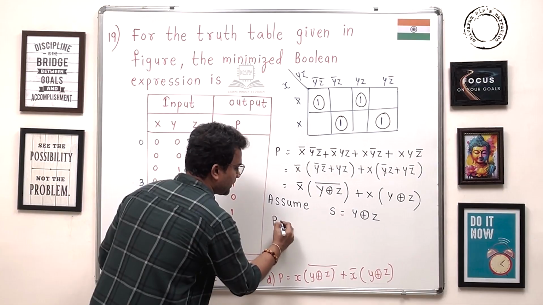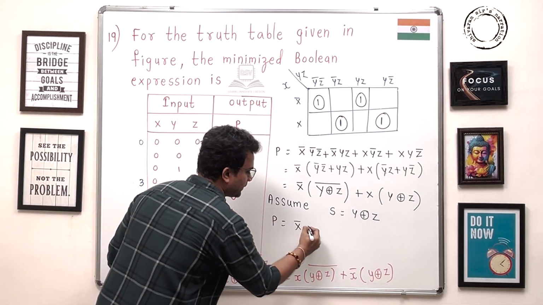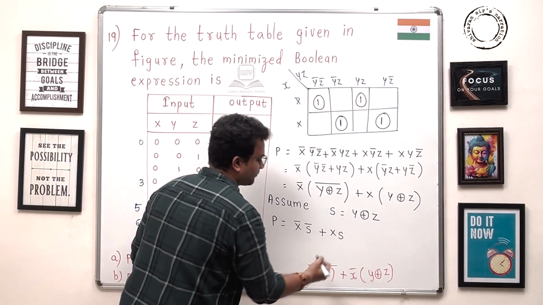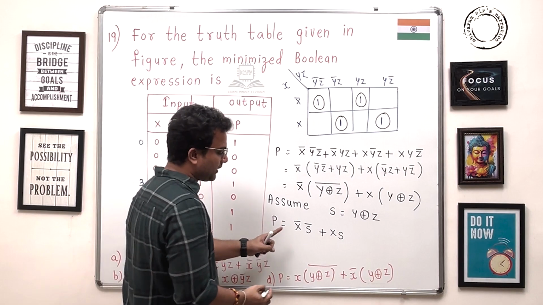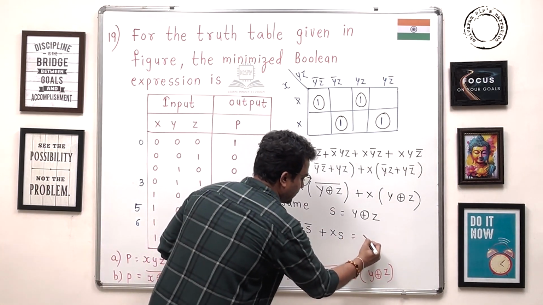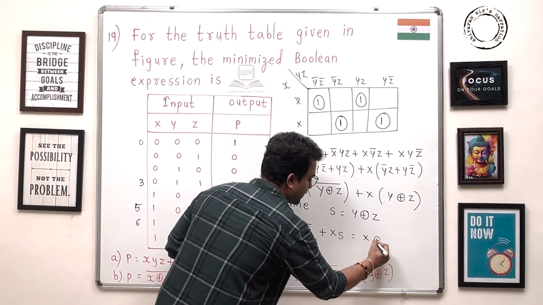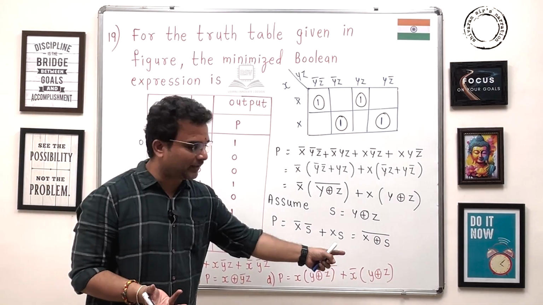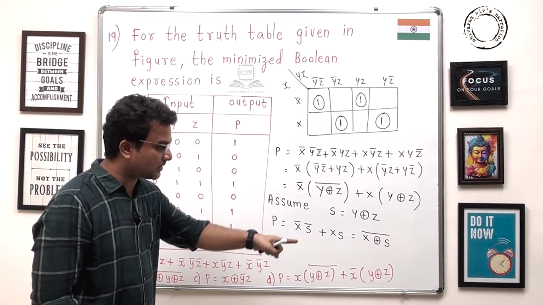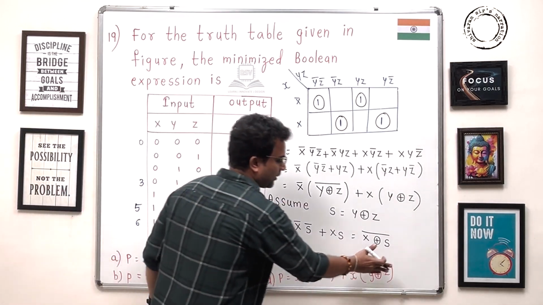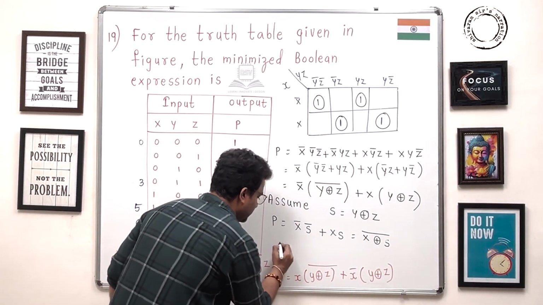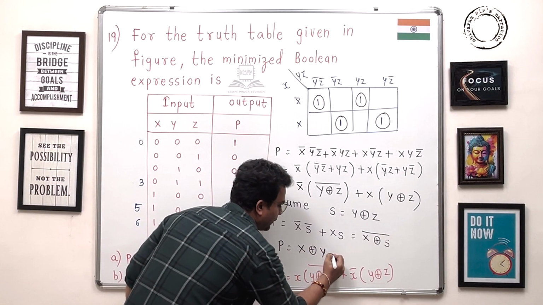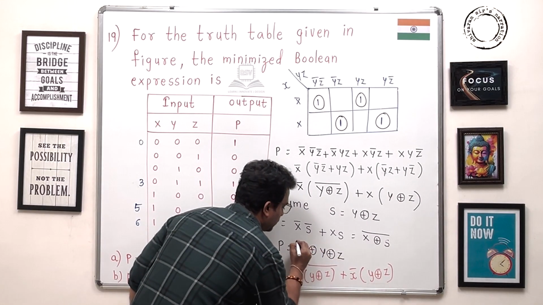It is like x bar S bar plus x S. It is an XNOR operation only, na? Hence, you can write x XOR S whole bar, because that is XNOR only, na? Now, what is S, guys? y XOR Z. Hence, you can write here P is equal to x XOR y XOR Z whole bar.